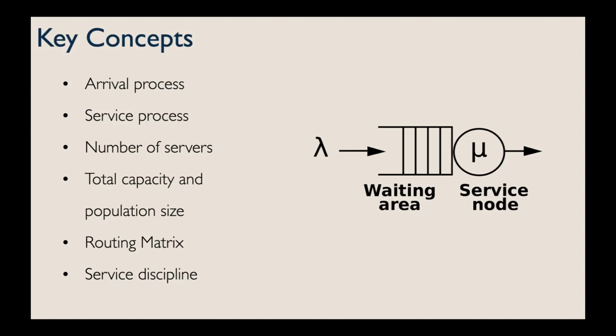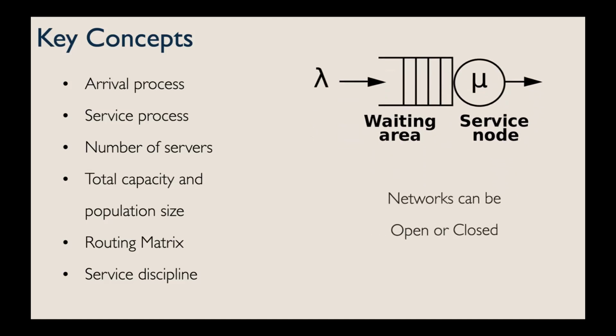We can think of the easiest, first come first serve, that I think we all know, but we can also go to more complicated disciplines that include preemption or even dropping and so on and so forth. Finally, queuing networks can be either open or closed, depending on whether we have an arrival process coming from the outside.